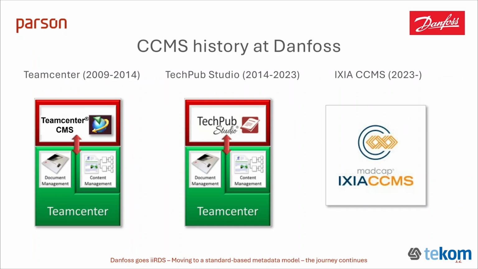We have been working with CCMS systems since 2009. First Teamcenter CMS, followed by its successor, TechPub Studio, both based on Siemens Teamcenter. And then we made the transition to MadCap IXIA CCMS last year.